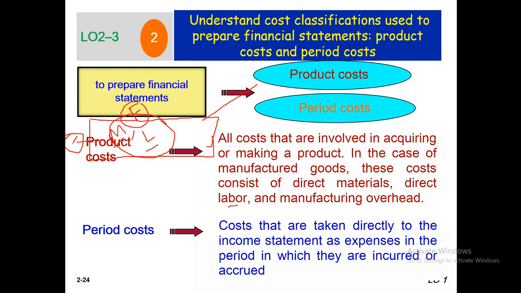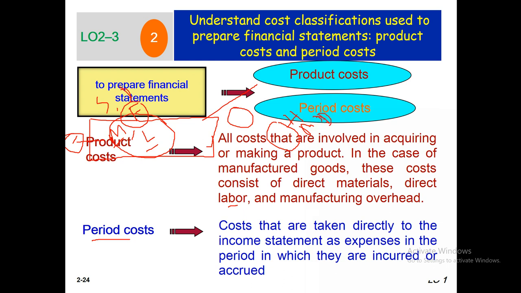Now I will make period cost clear. We have another two types of cost: selling cost and administrative cost, that means head office cost. Suppose the factory is situated in Sabar, Dhaka, and the head office is situated in Motijheel, Dhaka.